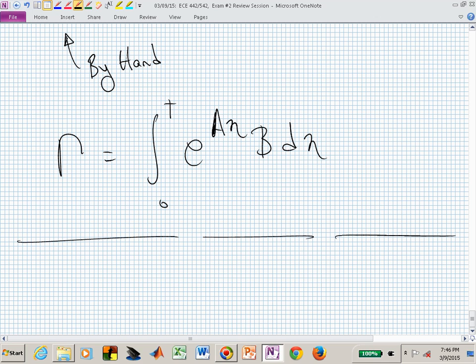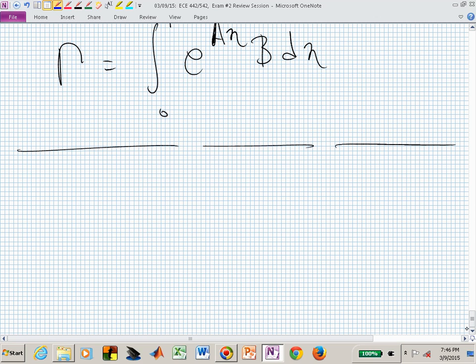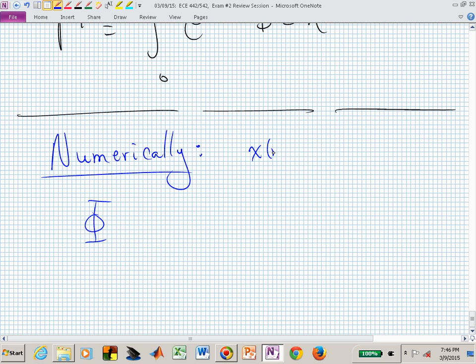You could actually perform this if you're given the sampling period. You could do this numerically, where your system matrix phi, and this is now assuming that you remember what we have. We have x of n plus 1 is equal to phi x of n plus gamma u of n, y of n is equal to H x of n plus J u of n.